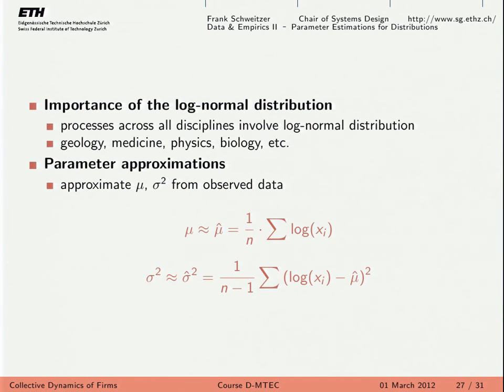We do the same thing as we did before for the normal distribution, now with the log normal distribution. Then we see that these are our estimators here. You don't find it a big deal, right? So you see, okay, mu is now the log of the x. And here sigma squared depends on the log of the x, so that's somehow trivial. It is not. Because what you see here, this is no longer the arithmetic mean.